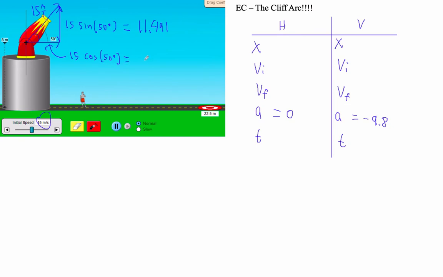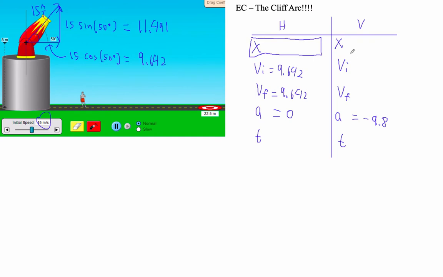And then this guy here is 9.642. So those go in here. So our horizontal velocity is going to be 9.642. This will be 9.642. And the horizontal x is what we're trying to figure out. It's like that's the prize.